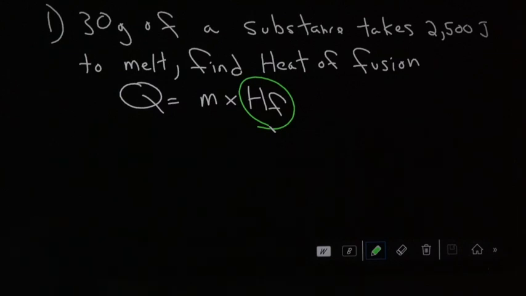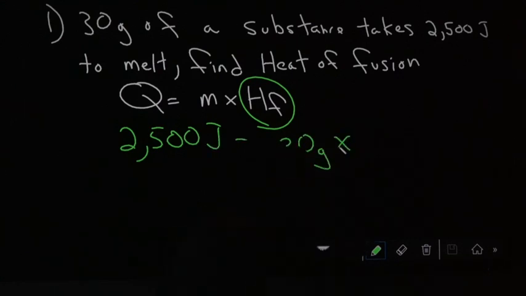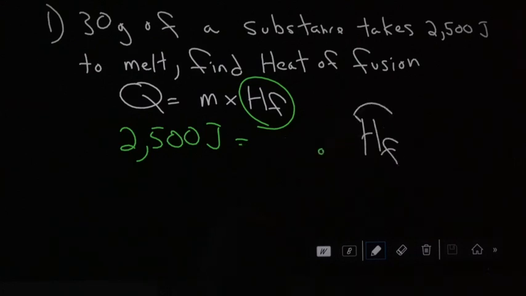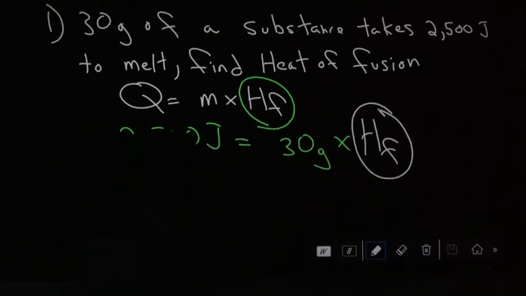So we are looking for this. All you got to do is plug in 2,500 joules equals 30 grams times HF, and that's what we are looking for. So just get that 30 grams, you're going to slide it underneath here.